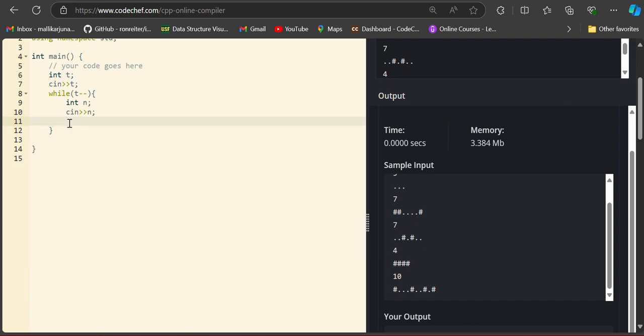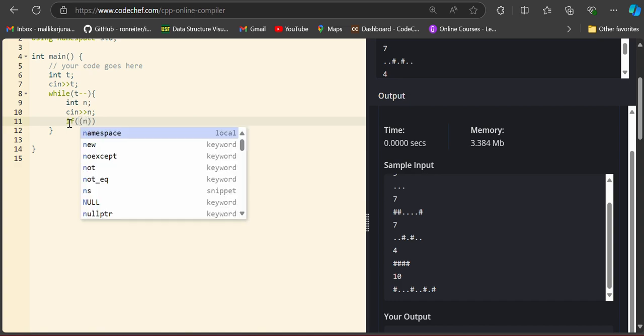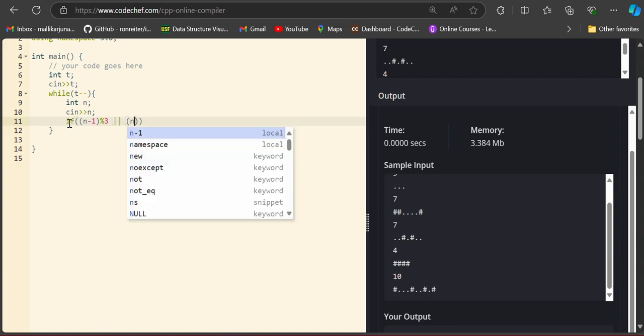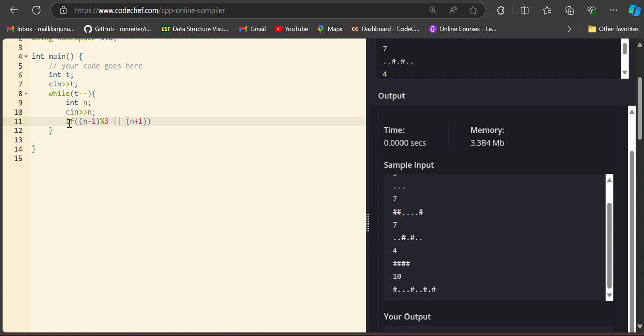So we have to read n, and if n minus 1 is divisible by 3, or n plus 1 is divisible by 3, then we have to print first.